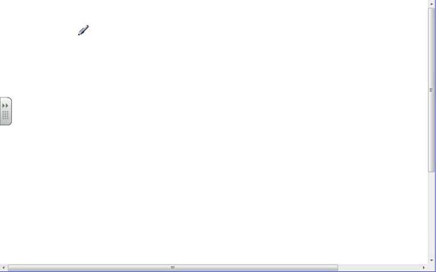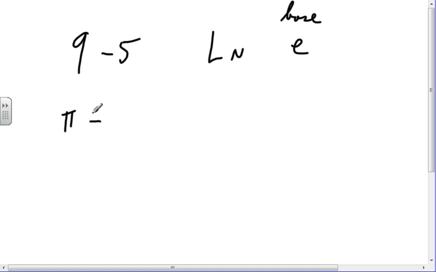6.5. Now we have to deal with natural logs, which is base E. Okay, so the first thing we have to know, anybody know what pi is? 3.14159256, isn't it?